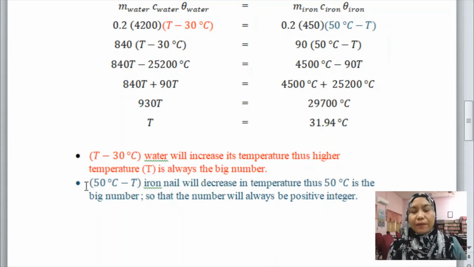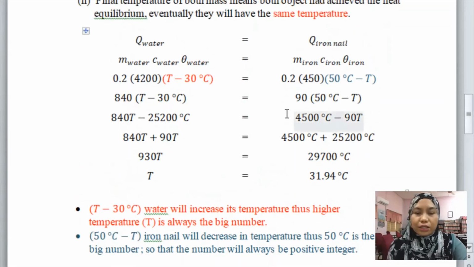Our second assumption is that the temperature of the iron nail will decrease, because the water has a lower temperature. So the final temperature will be reduced from 50 degrees Celsius. Those are our assumptions.